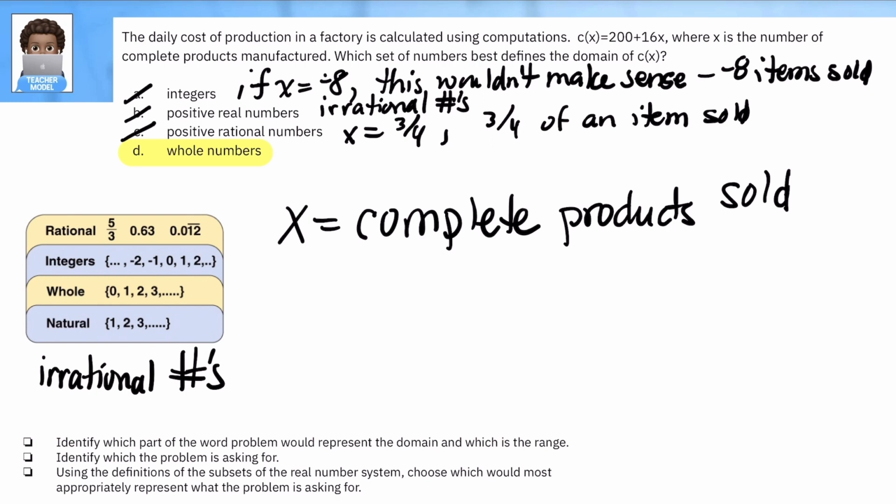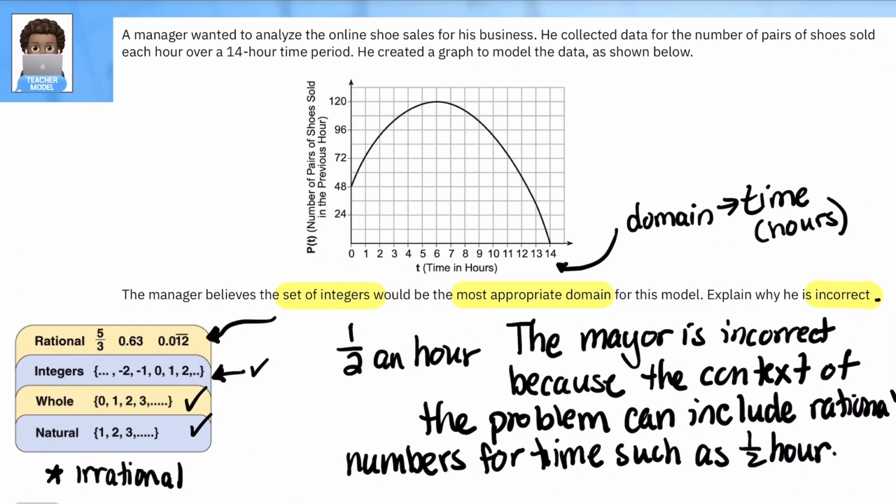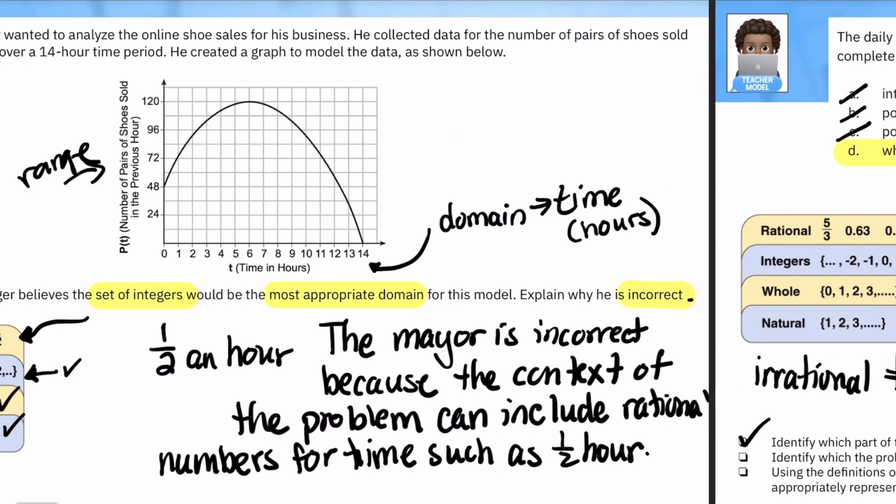So see if that matched your answer. If you had something different or you were unsure, you can change it now. But that is the context of today's work. We're trying to identify what they're trying to ask us for, what is the domain, what is the range. In a lot of problems, they're going to tell you which one it is. Or if you have a graph, like here, you can see what the domain is and what the range is.